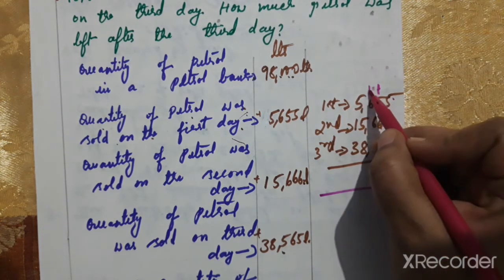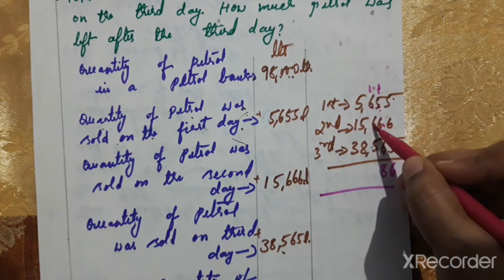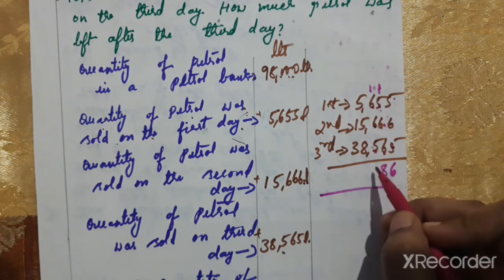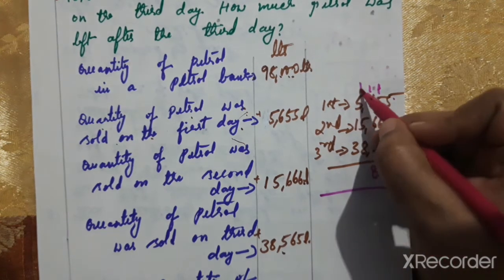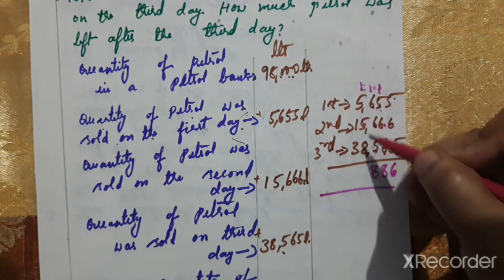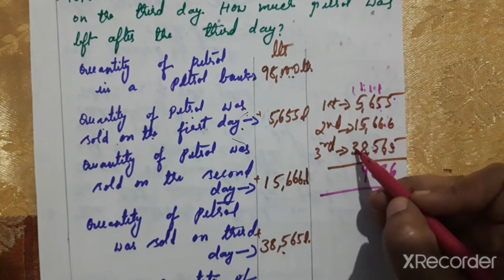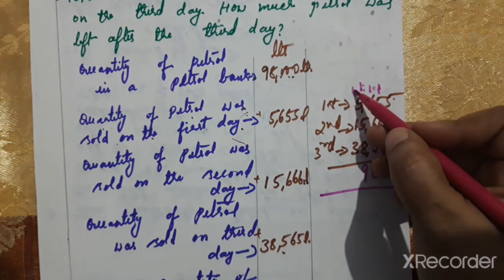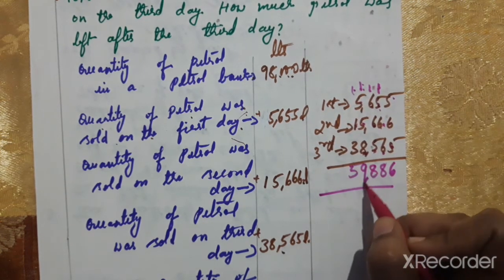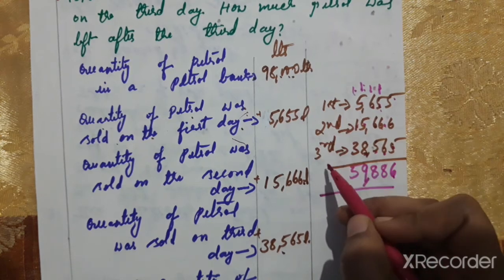So 8, 1 carry. 1 plus 6 is 7, 7 plus 6 is 13, 13 plus 5 is 18. 8, 1 carry. 1 plus 5 plus 5 is 11, plus 8 is 19. 9, 1 carry to next one. 3 plus 1 is 4, 5. So 59,886 liters were sold in total in 3 days.